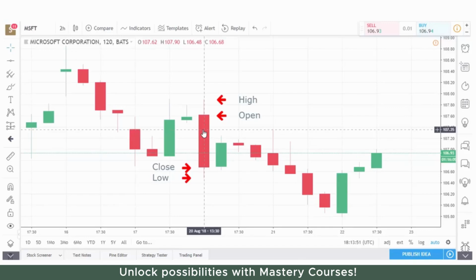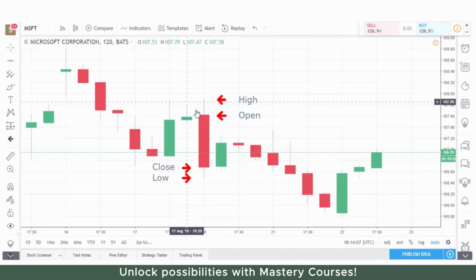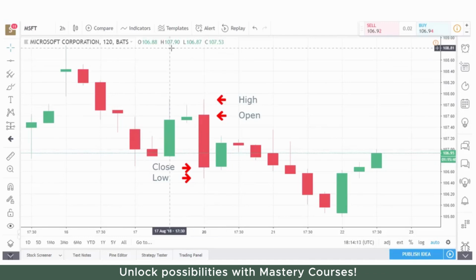I've labeled this candlestick in the middle, the large red one, so that you can see what the 4 pieces of information a candlestick gives you are. The candlestick gives you the open, the high, the low, and the close for the day. So this particular candlestick, the high for the day is 107.90. It's indicated by the top of the candlestick here, and you can also read the number at the top of the chart here.